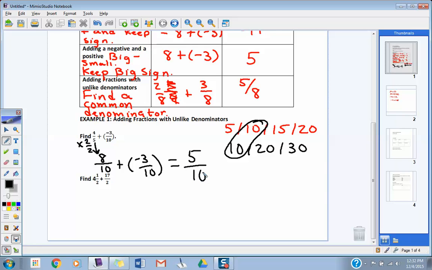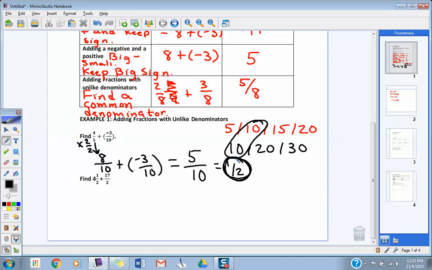When I get to this part, I always ask myself, is that solution in simplest form? No, it's not. So what have you got here? 1/2. 5 is half of 10, isn't it? So our solution would be 1/2.